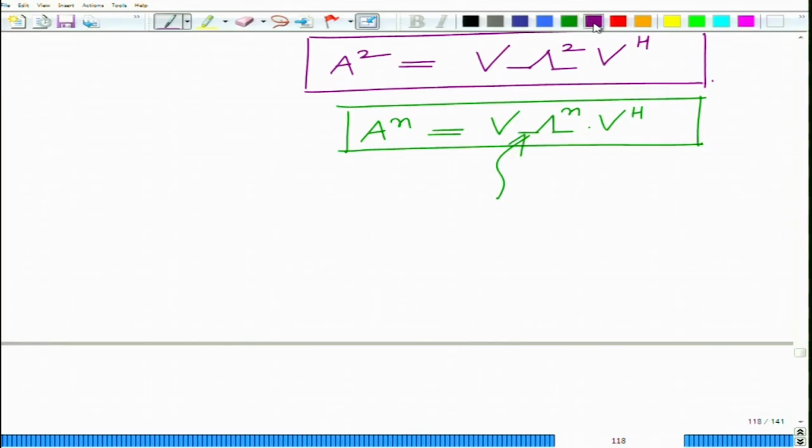This is simply the matrix lambda 1 to the power of m, lambda 2 to the power of m, so on, lambda n to the power of m. I am sorry, I should have used a different integer here. So, this is easy to compute.